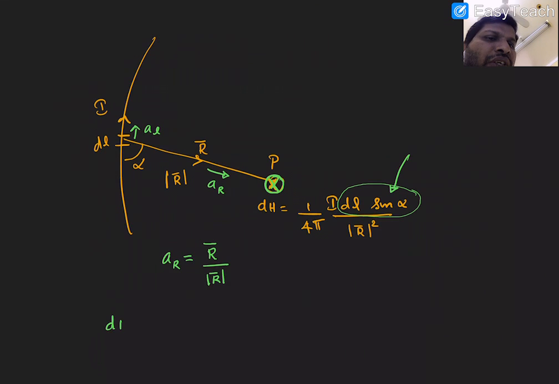So I will represent it in cross product form, that is, dH is equal to 1 by 4 pi I, then I need dl into sine alpha.